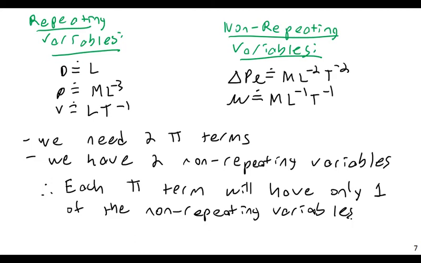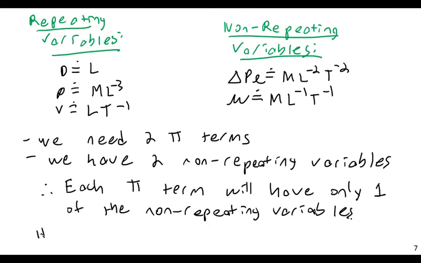Again, if we remember before, we said that the number of repeating variables is equal to the number of dimensions. And we said previously the number of pi terms is equal to k minus r, where k is the number of variables and r is the number of repeating variables.